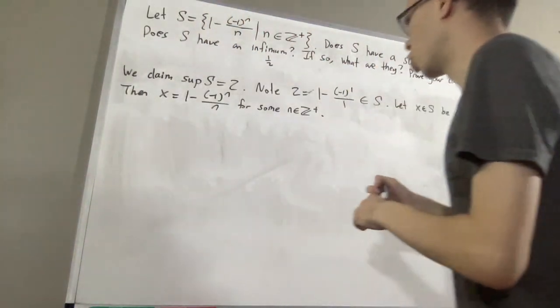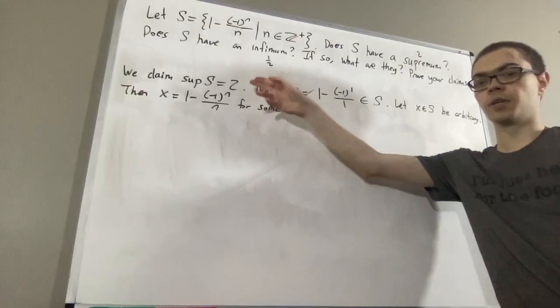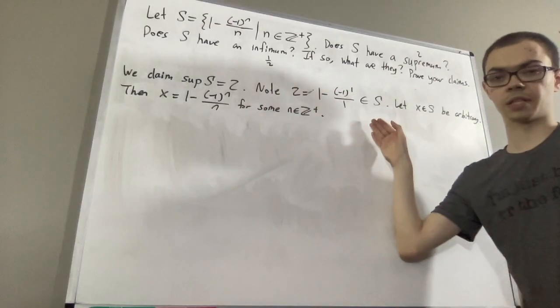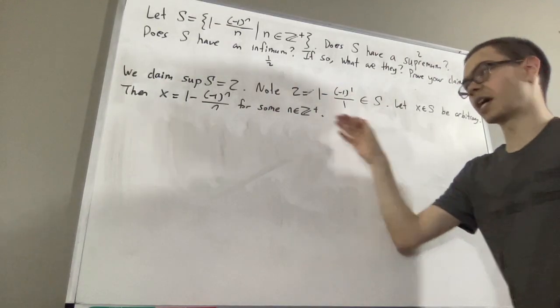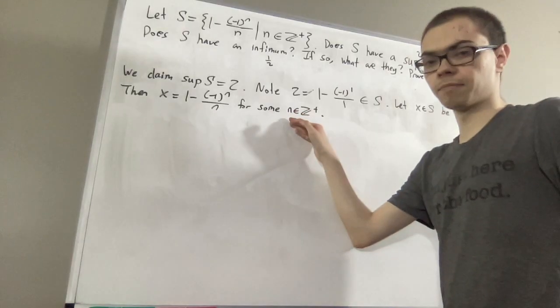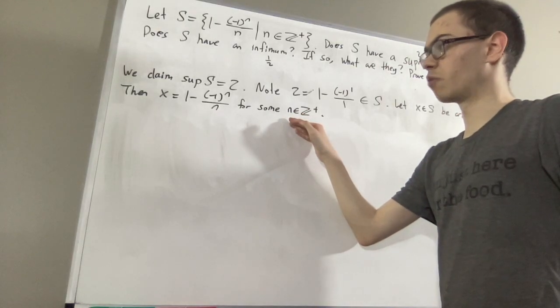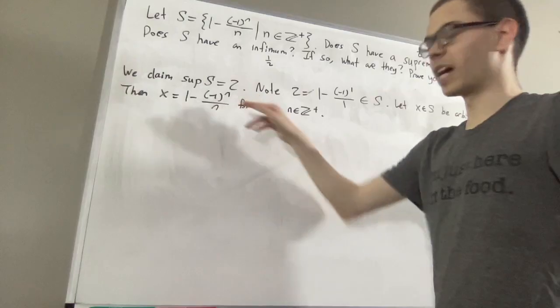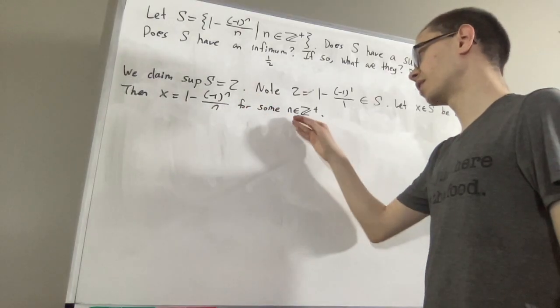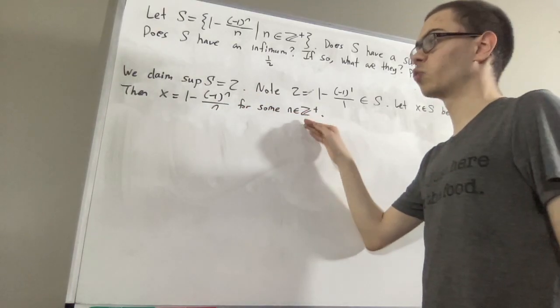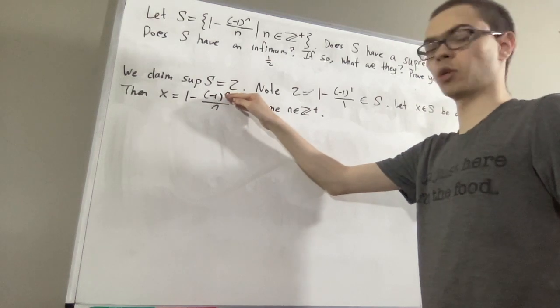And now, to show x is less than or equal to 2, it might be useful to split this up into cases, depending on whether n is even or odd, right? Because it depends on whether we get 1 or negative 1. We could also just say whether n is even or odd, we know negative 1 to the power of n is going to be equal to 1 or negative 1.